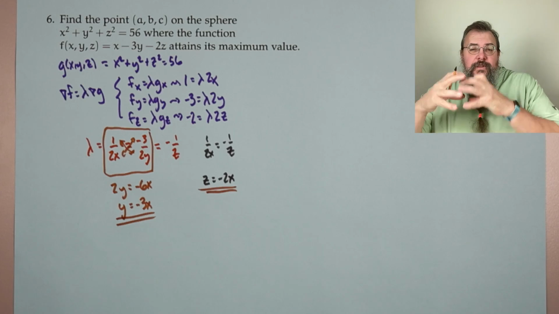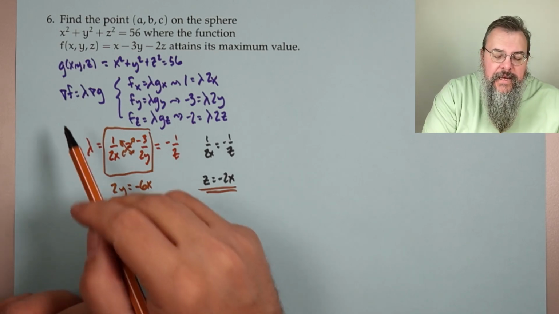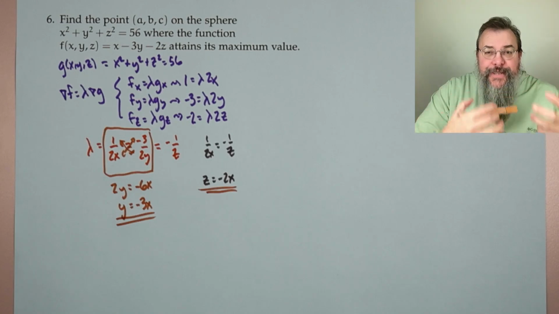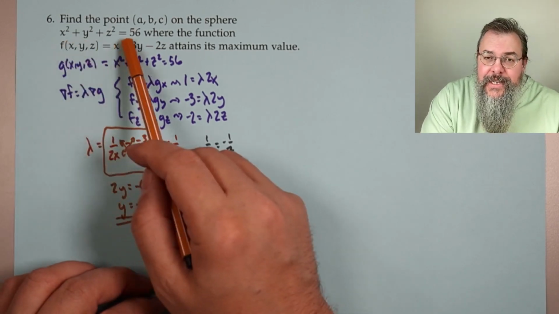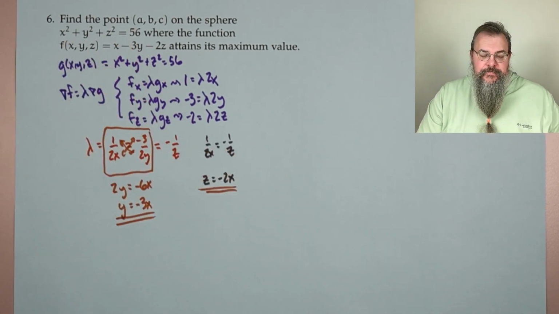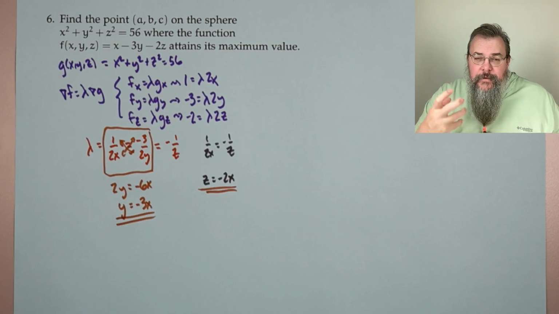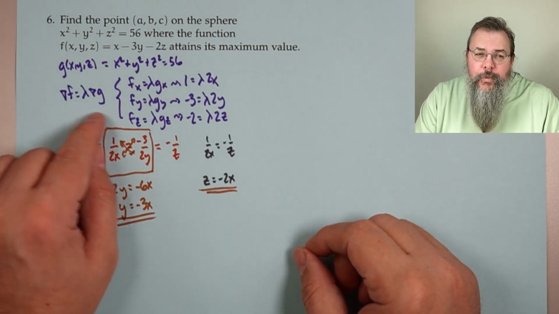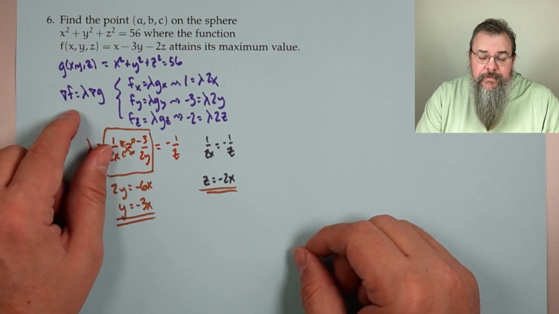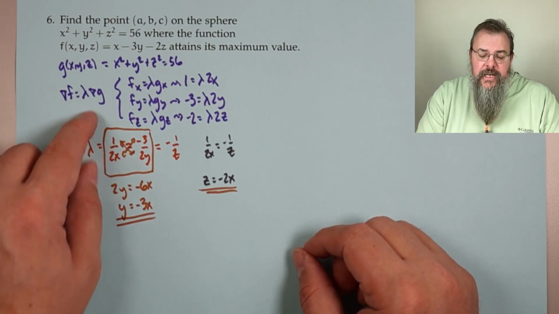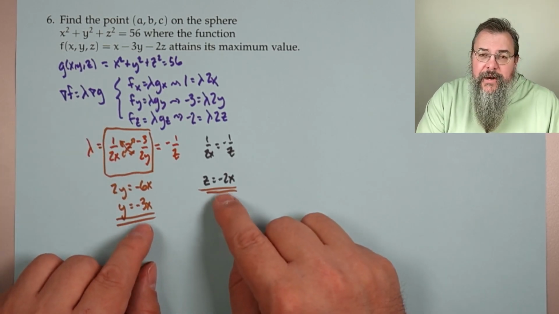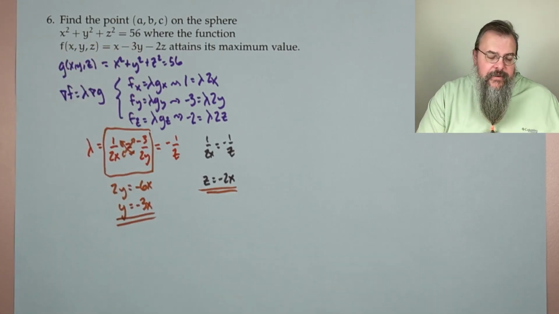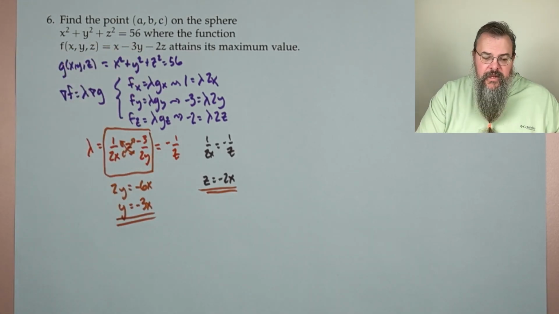So we're going to use those new relationships that came from gradient of f equals lambda gradient of g and put them into our initial constraint. The moral of Lagrange multipliers is that we're trying to take this relationship, gradient of f equals lambda gradient of g, and find more things about how x, y, and z relate to help us use our constraint to figure out what x, y, and z are.